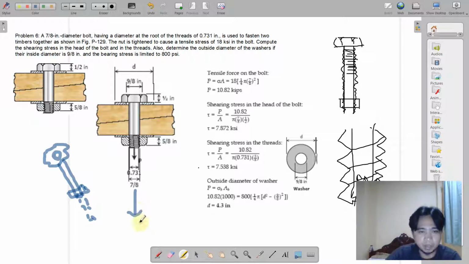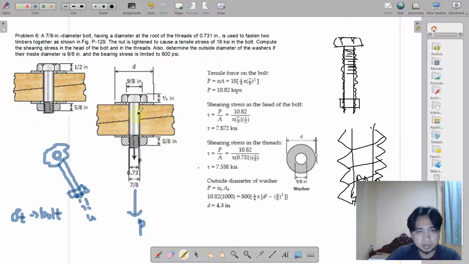We will have a P here that will cause, number one, sigma, or tensile stress for the bolt itself, or the trunk of the bolt.